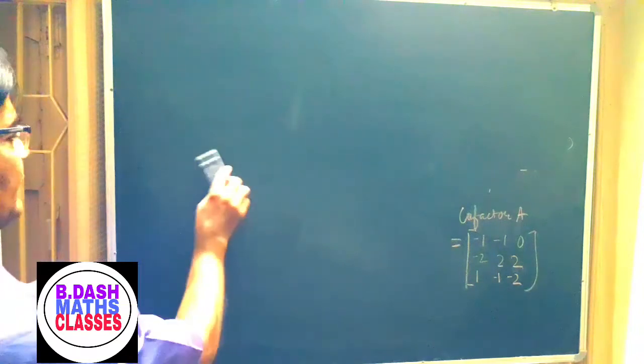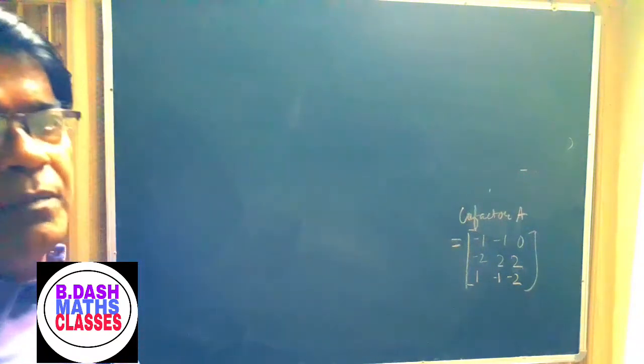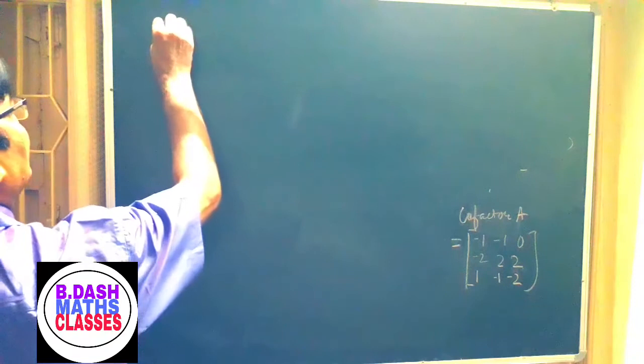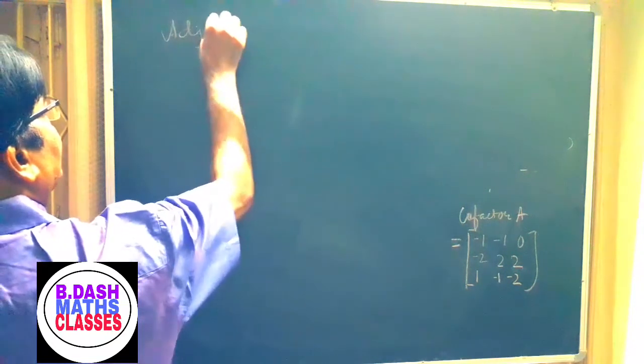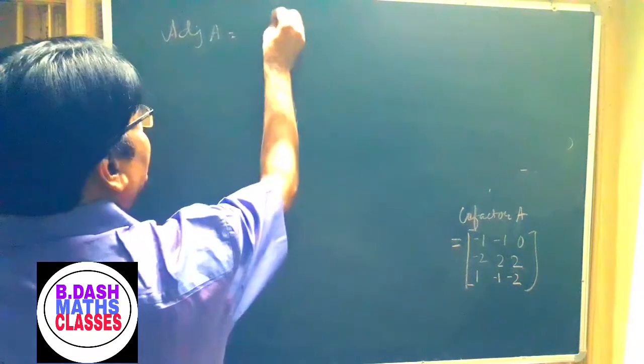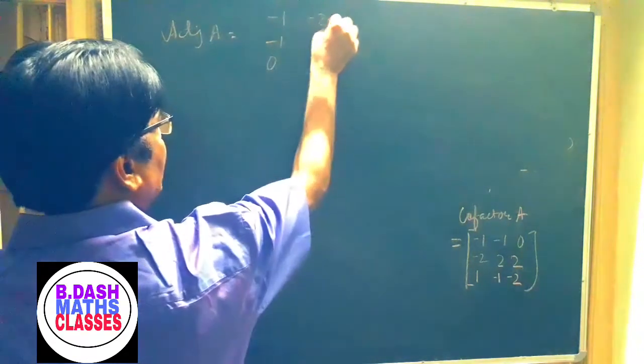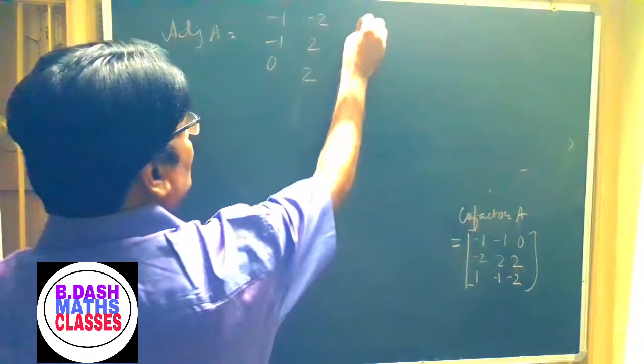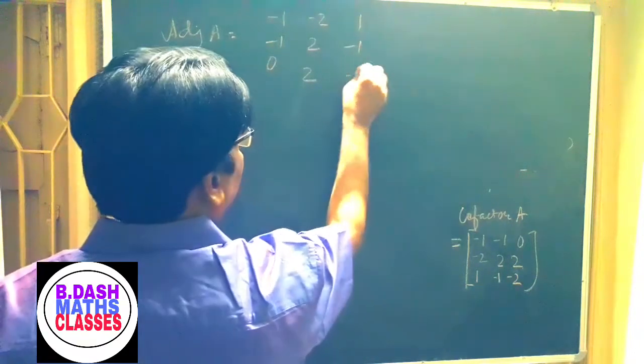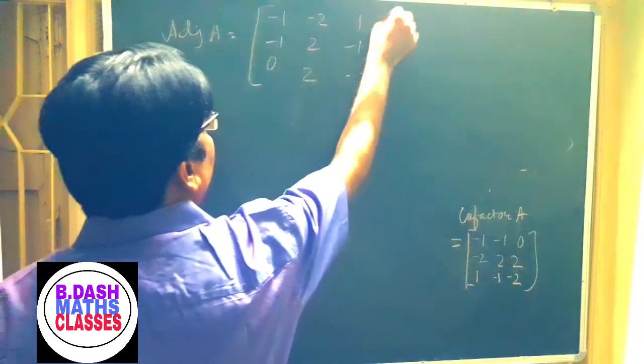Then after getting the cofactor matrix of A, the adjoint of A will be minus 1, minus 2, 1, minus 1, 2, minus 1, 0, 2, minus 2. So we are getting this.